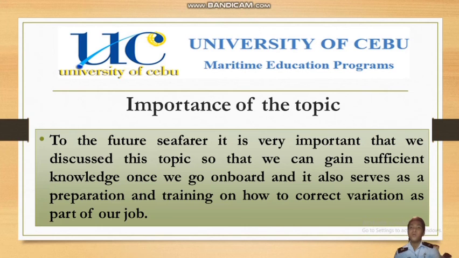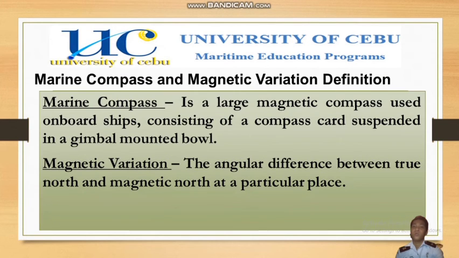But before we jump to the proper discussion, first we must define what is a marine compass and magnetic variation. A marine compass is a large magnetic compass used on board ships consisting of a compass card suspended in a gimbal mounted bowl, or it is a compass used in navigation that consists of parallel magnetic needles or a bundle of needles permanently attached to a card that is marked to indicate direction and degrees of a circle.